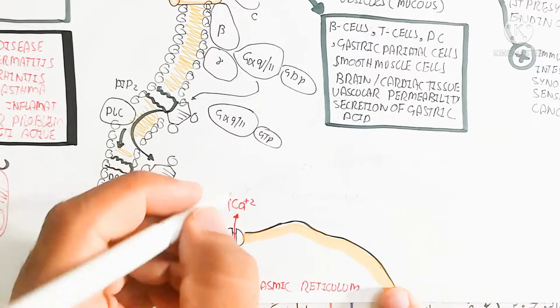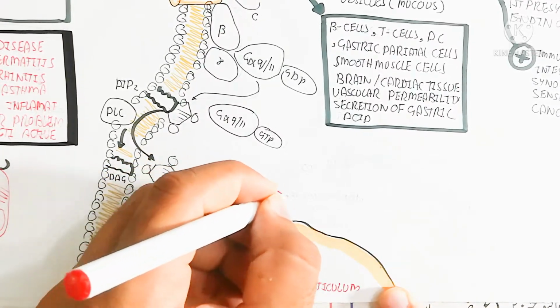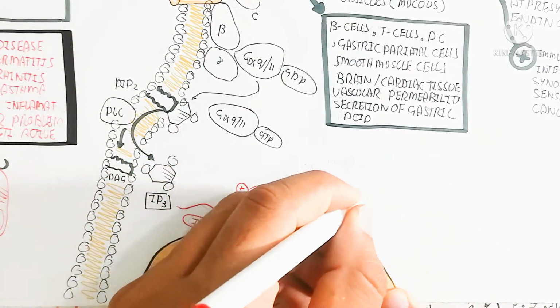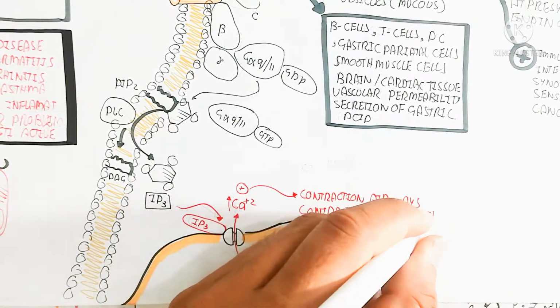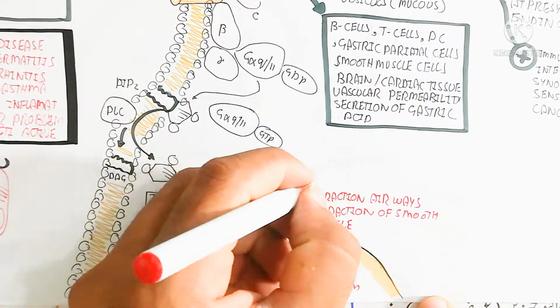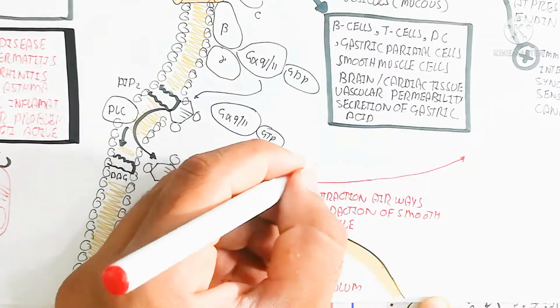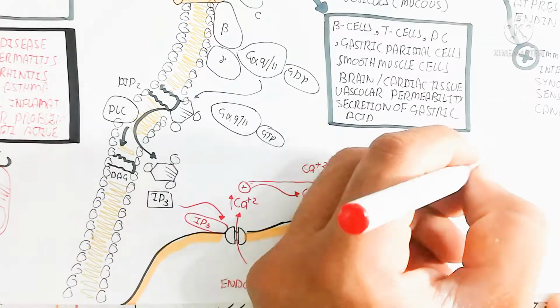In this way calcium efflux will occur from the endoplasmic reticulum into the cytoplasm of the cell, leading to contraction of airways and of smooth muscle.